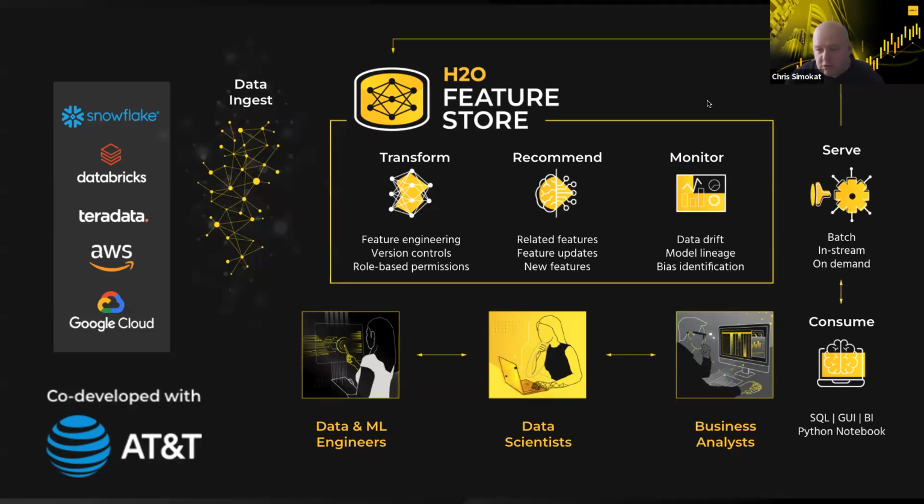And then the feature store, in conjunction with our ML Ops offering, provides the ability to do data drift and bias identification. And a mix of the ML Ops and the feature store can provide you data lineage and model lineage.